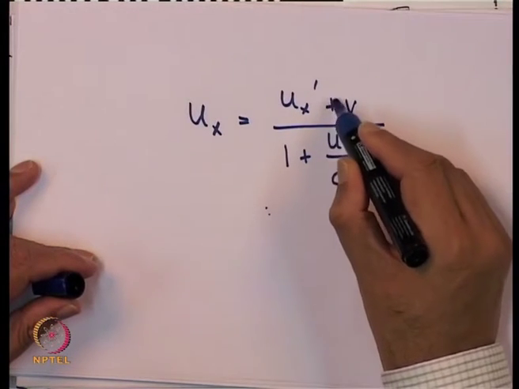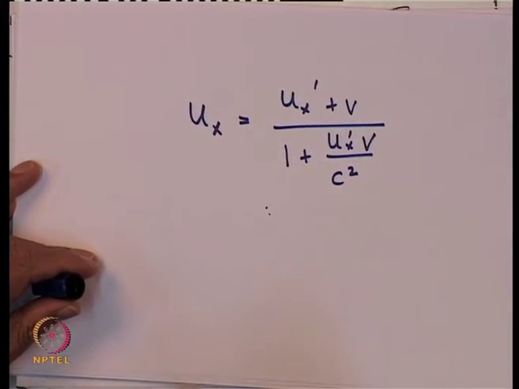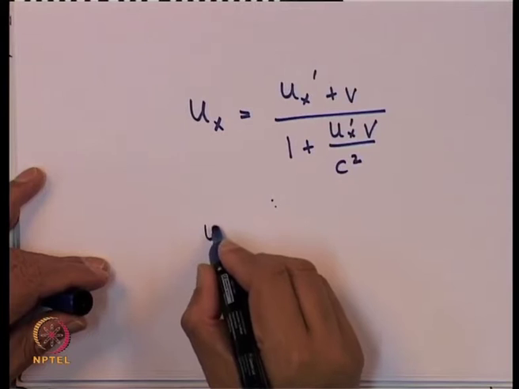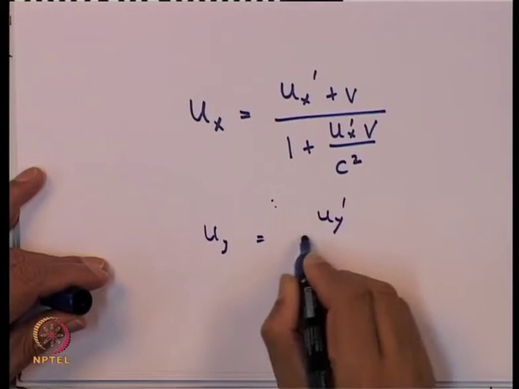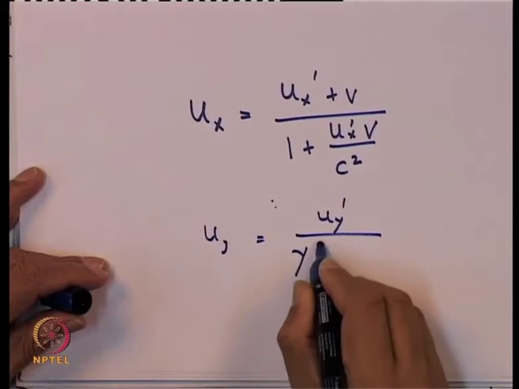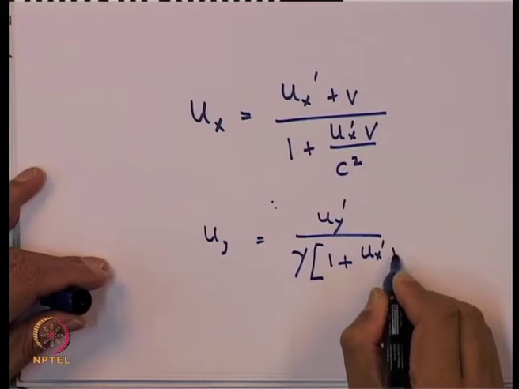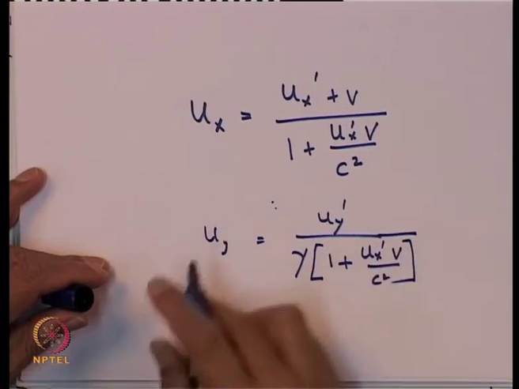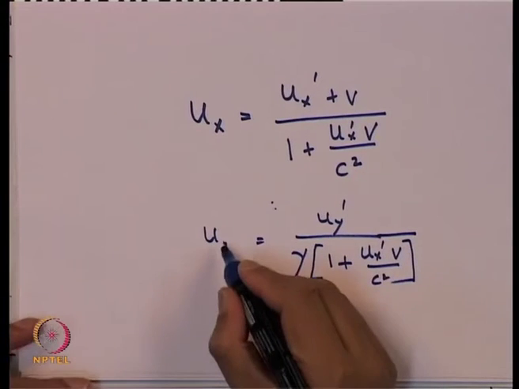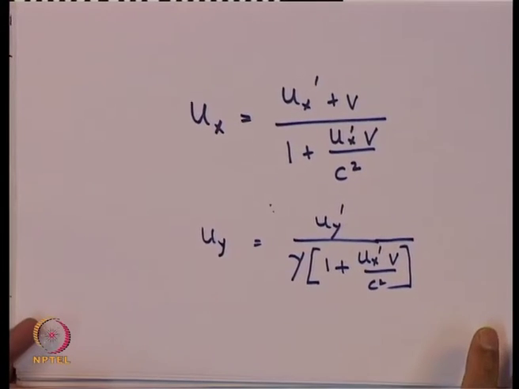Remember, we have used a plus sign here because this is an inverse transformation. Similarly, I will have uy is equal to uy prime divided by gamma times 1 plus ux prime v divided by c square. I am not writing for the z component because as far as the z component is concerned, this is irrelevant for this particular example.